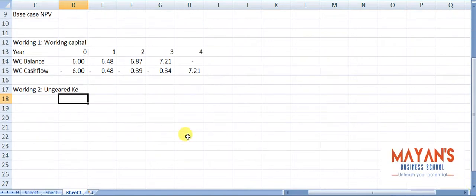KE ungeared equals risk-free rate plus beta asset multiplied by RM minus RF. Do you know why beta asset? If you want to get ungeared KE, it must be beta asset.